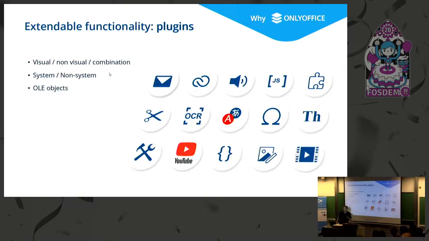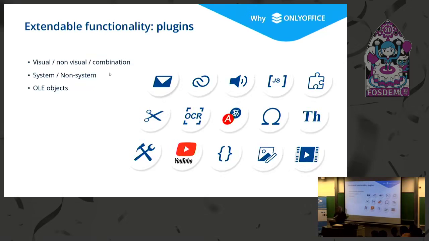ONLYOFFICE plugins are applications that allow you to add some functionality to ONLYOFFICE editors. We divide all plugins into visual plugins, that just add some buttons, maybe some menus to the interface, then non-visual plugins that open some dialog, some context menu.